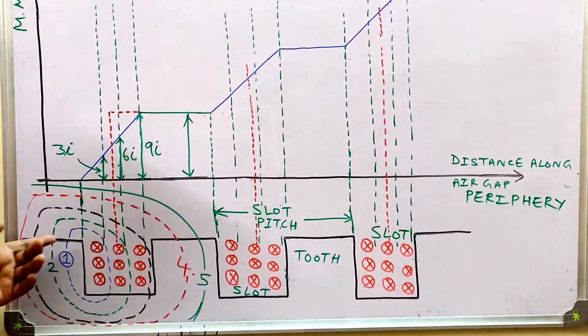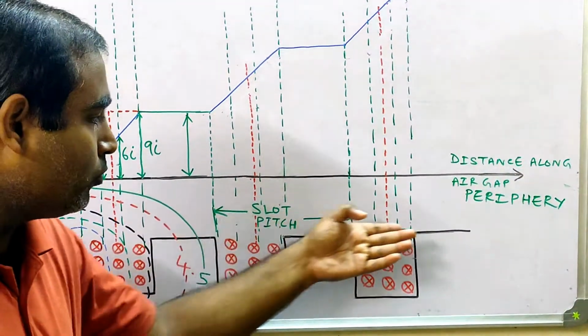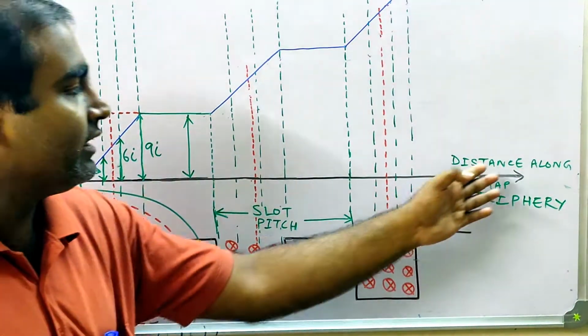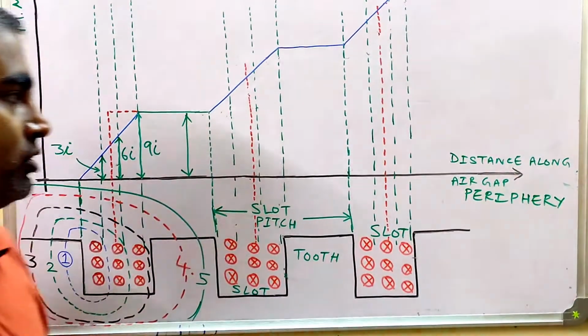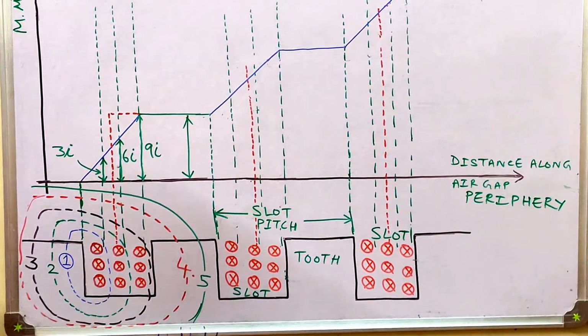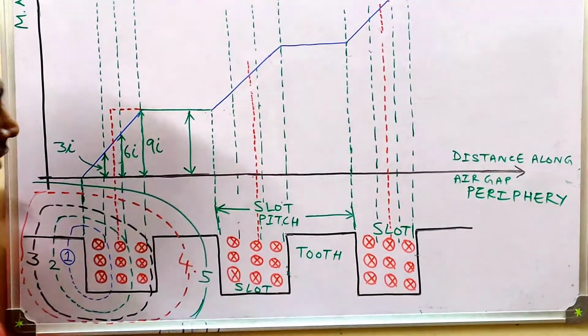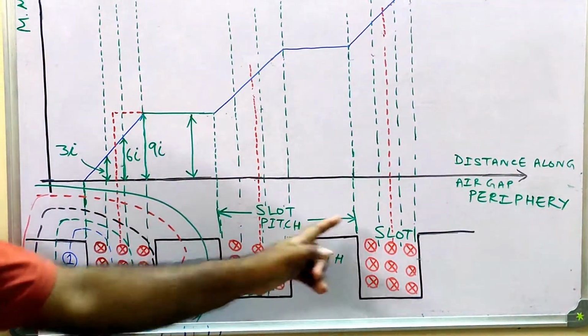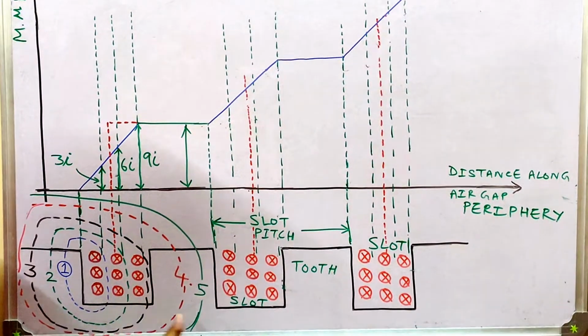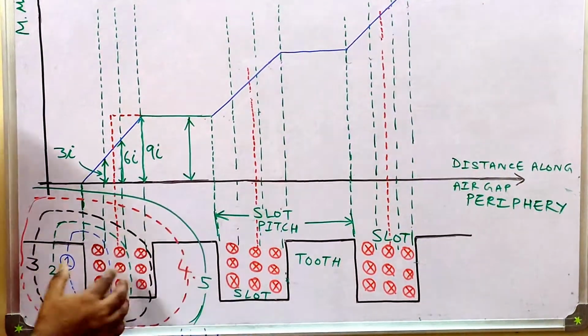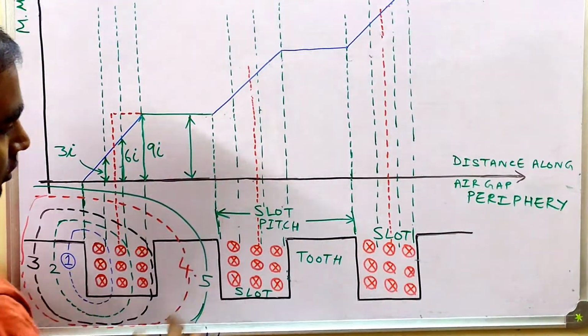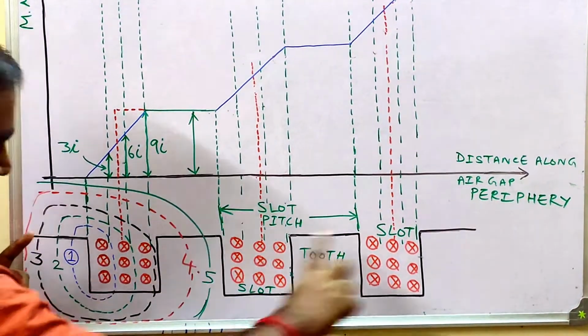That's why this distance which is being moved is termed distance along air gap periphery, because when you move along the air gap periphery, you are going to see the slot and teeth. That can be for the rotor core also, or for the stator core also. Here I have taken the rotor core to be the thing of analysis.